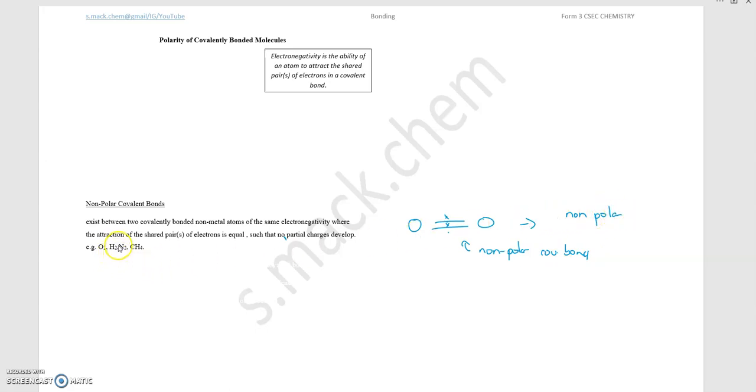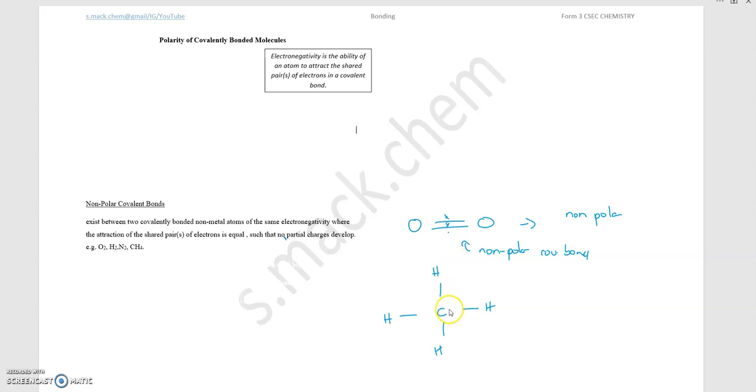The same applies for hydrogen and nitrogen, all three of which are diatomic molecules. They will all be nonpolar, and here we have methane. If we look to our periodic table, we will see that carbon is somewhere in the middle.